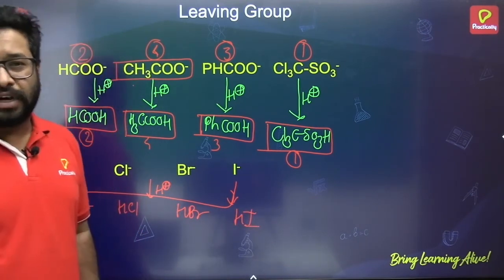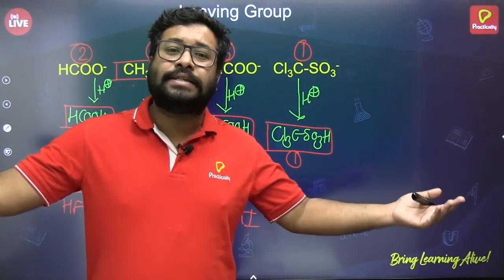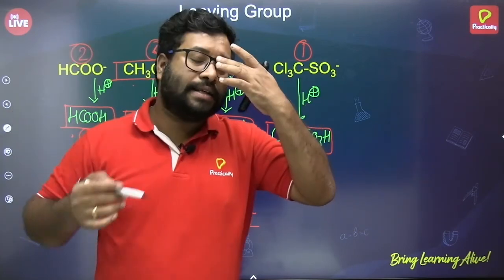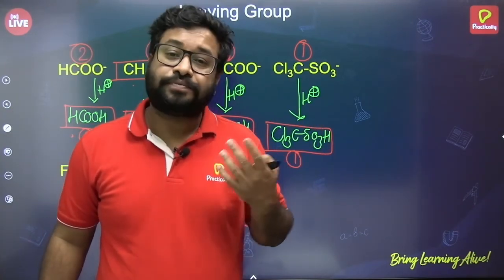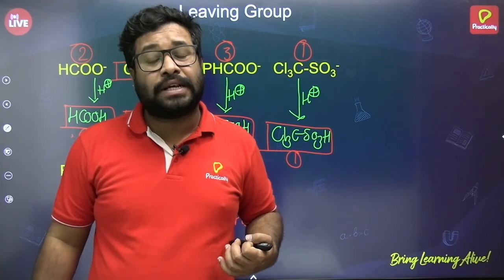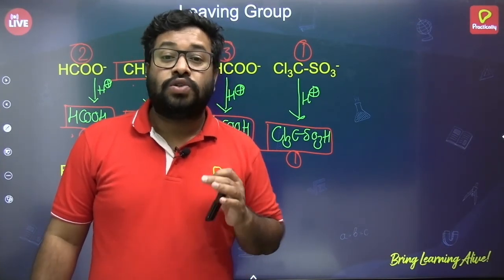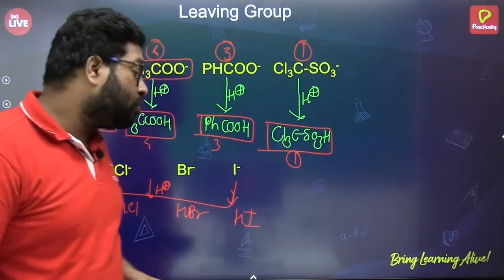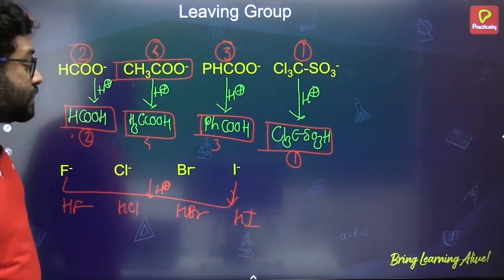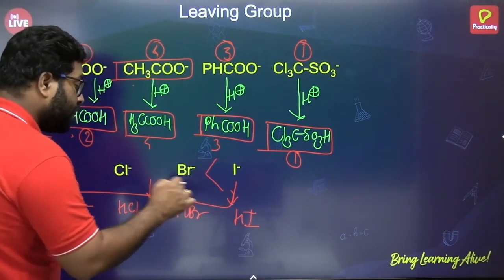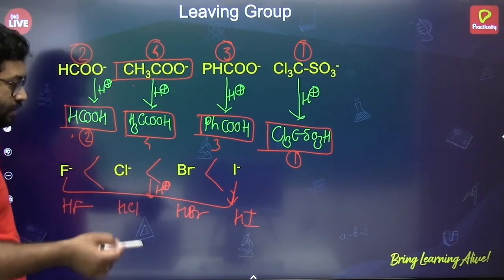You know which is the strongest acid here, right? HI is the strongest acid. If HI is the strongest acid, that means I minus is the weakest base. If I minus is the weakest base, therefore it should be a very good leaving group, and F minus is the weakest leaving group. Therefore the leaving group ability order here goes like this.